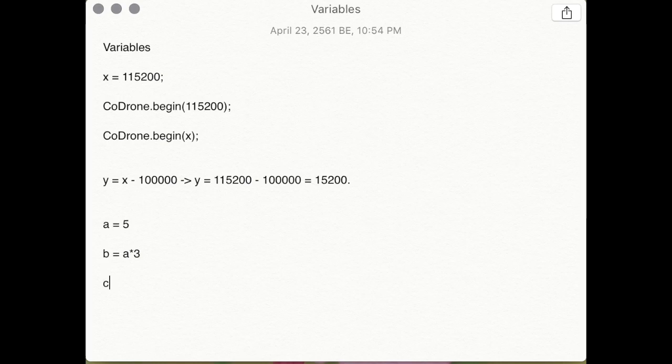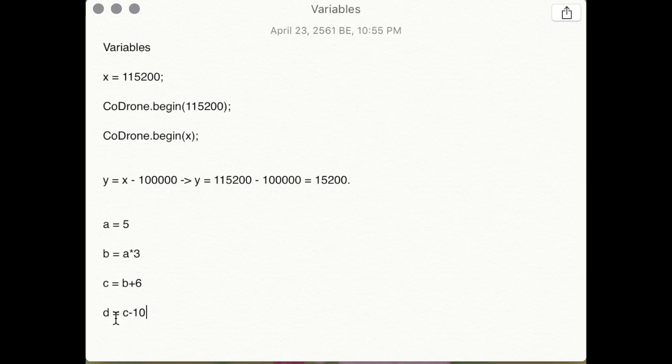C would be b divided by, b would be plus 6. And then D could be something like C minus 10.